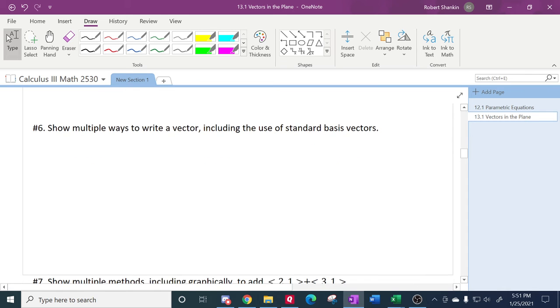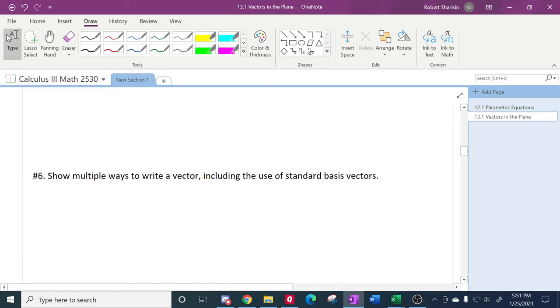Show multiple ways to write a vector, including the use of standard basis vectors. So let's say we're going to call it the vector A, and give me a bunch of different A equals. Different ways you might write the vector A. And you can just make up any old vector.